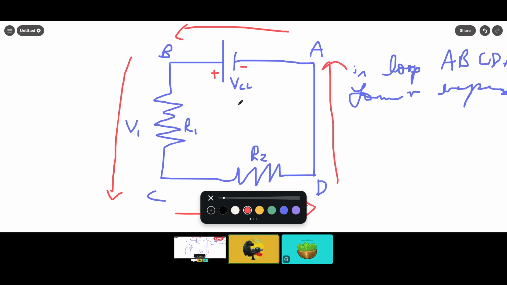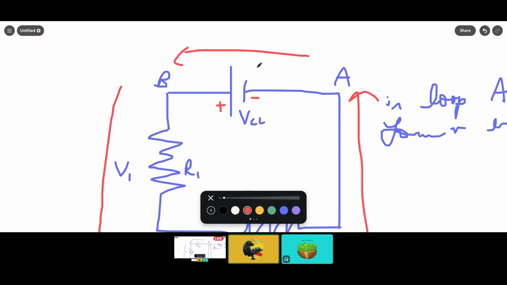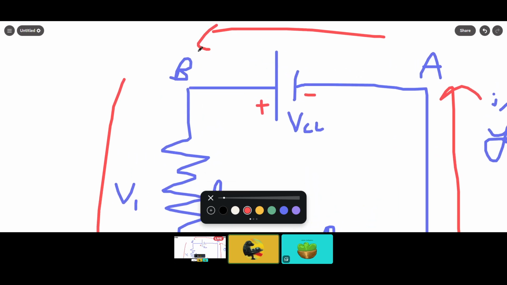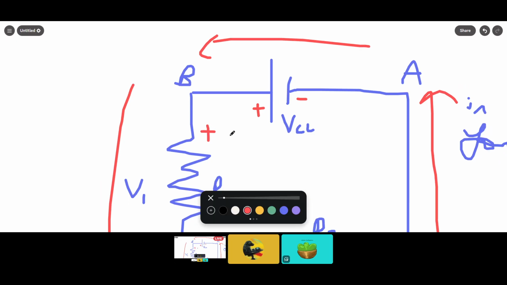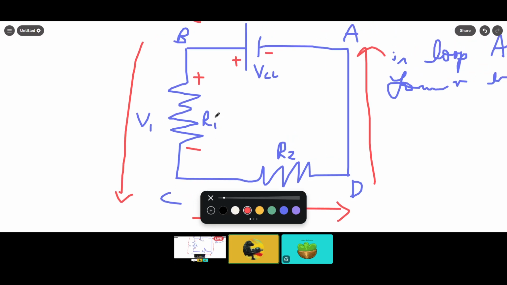And then you look for the components. As you follow the direction of the loop, when you enter a component, like now I'm entering this resistor, you enter as plus, and when you exit, as minus. These plus and minus signs will be helpful later.